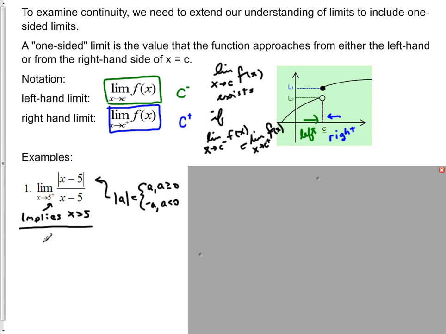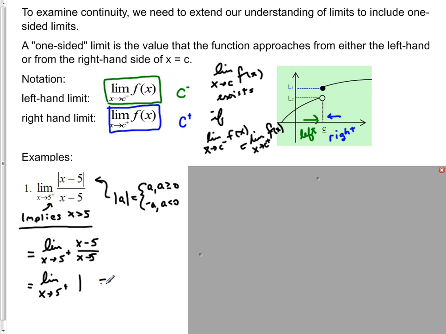x is going to approach 5 from the right. So we can rewrite our limit and say this is really the same thing as the limit as x approaches 5 from the right of x minus 5, the positive of x minus 5, over x minus 5. Well, as long as x does not equal 5, this is really the same thing as the limit as x approaches 5 from the right of positive 1.